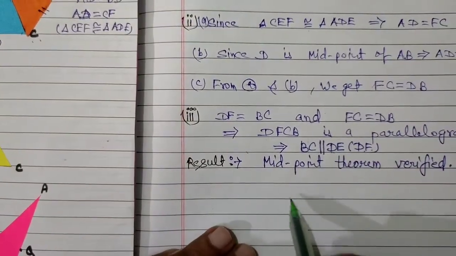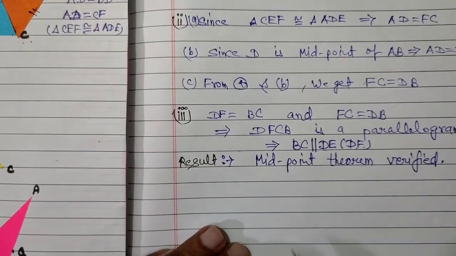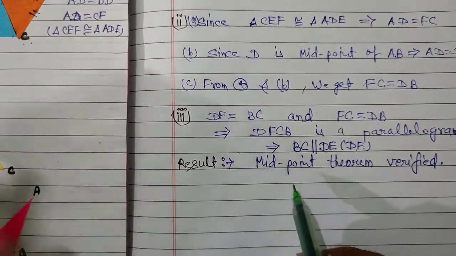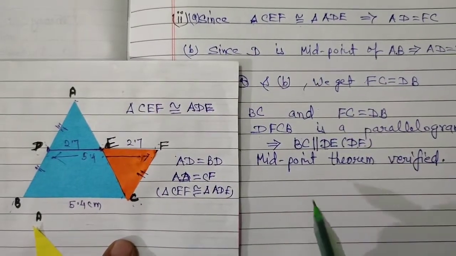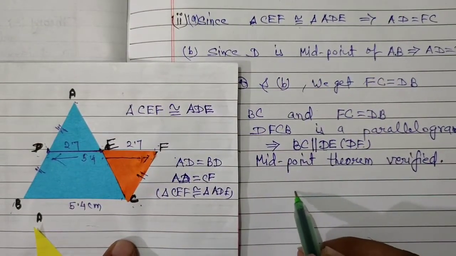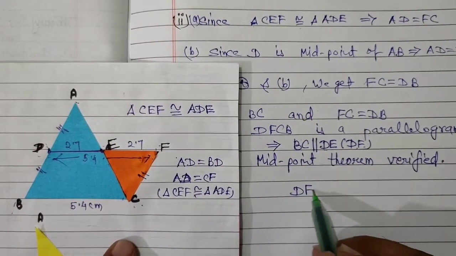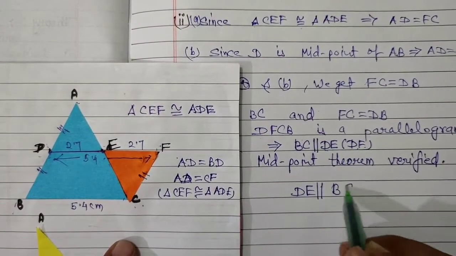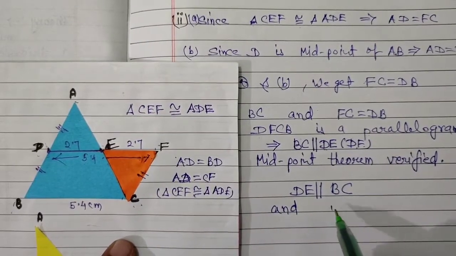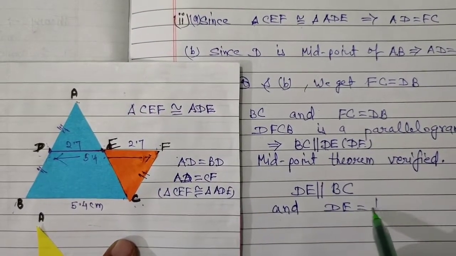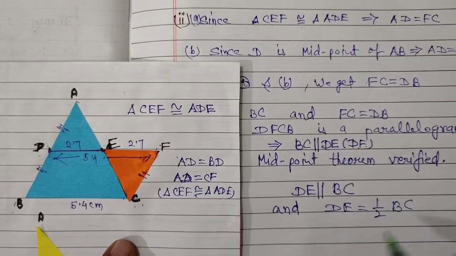So what midpoint theorem says, I am writing the final result. Here you can see in this diagram DE is parallel to BC and DE is half of BC.